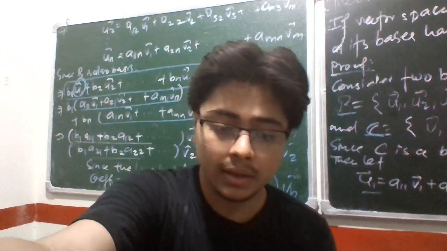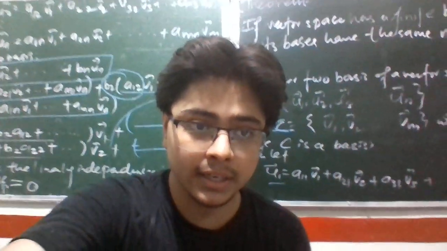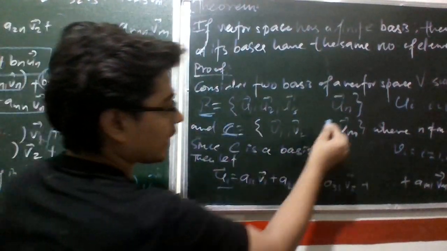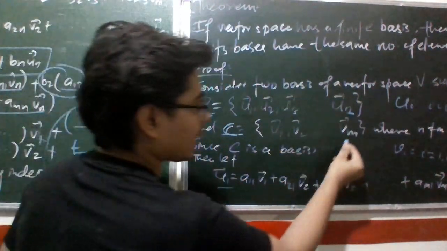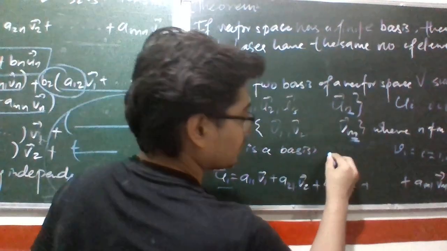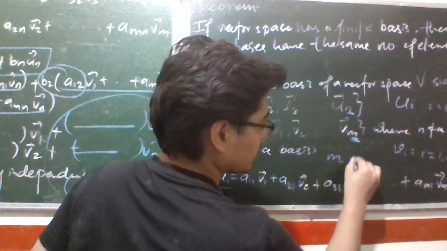Okay, I didn't tell you earlier that. So see, we have considered that B has n number of bases and C has m number of bases, where m is not equal to n.